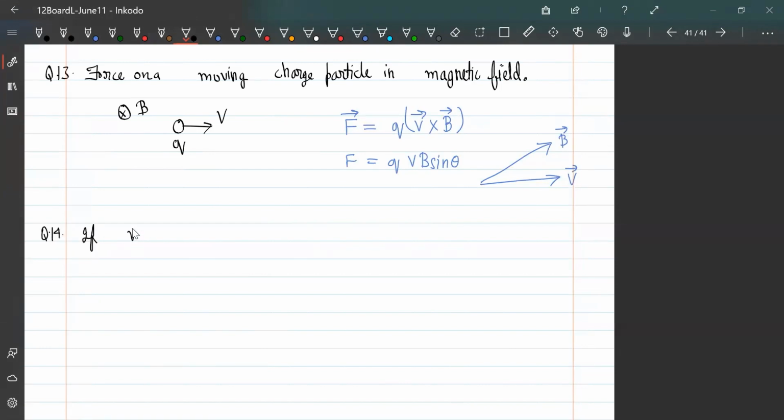If velocity is perpendicular to magnetic field, then motion of charged particle is circular.